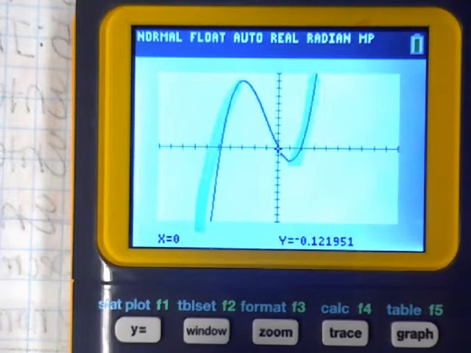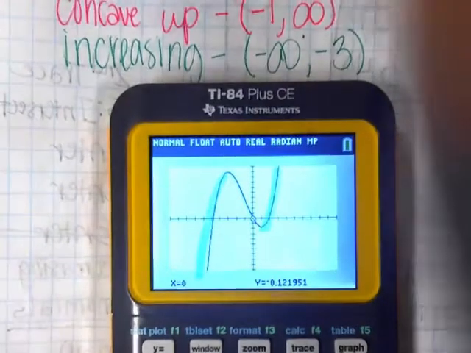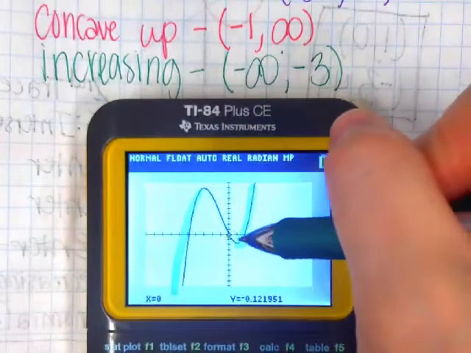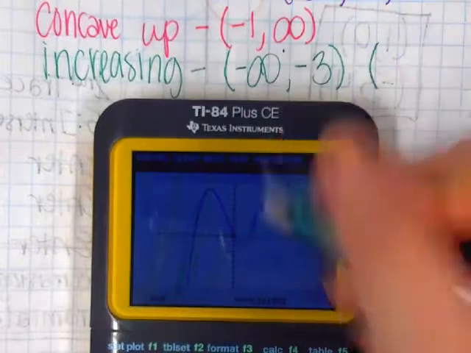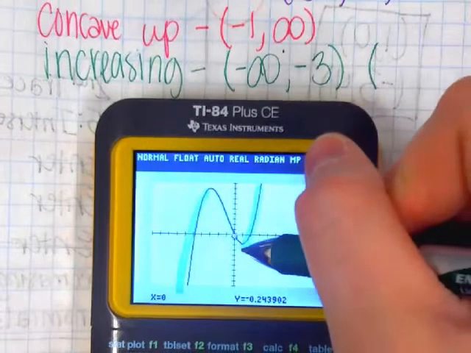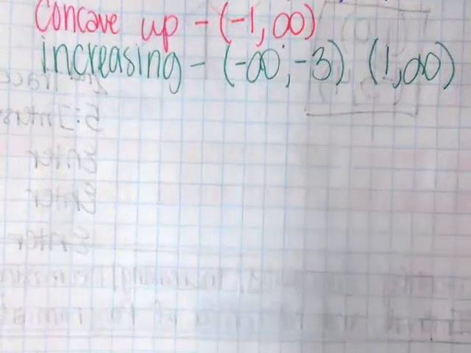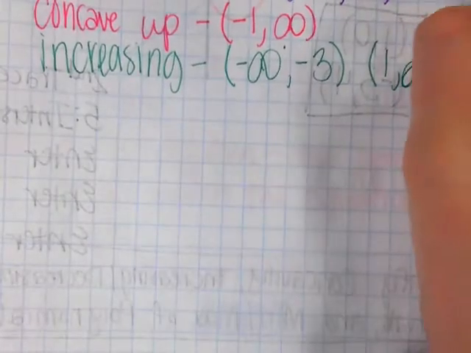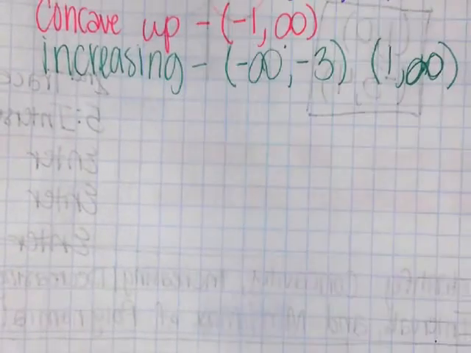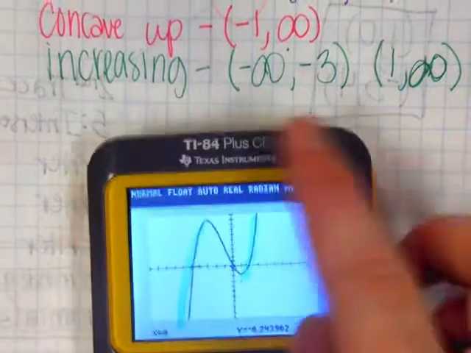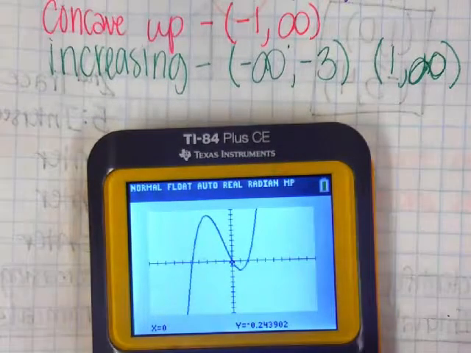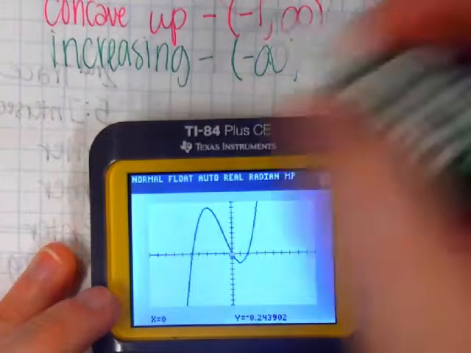Oh, you couldn't see me do that. So I said from negative 3, because that's where it stops. And then it's increasing from right here, so that looks like 1 to infinity. That's a terrible infinity sign. Okay, so that's when it's increasing.